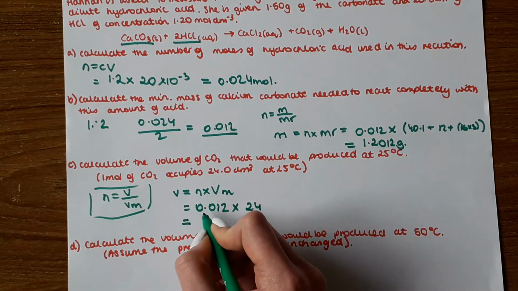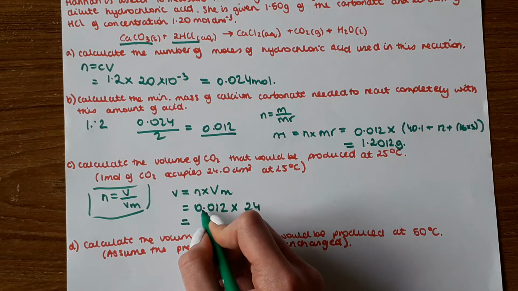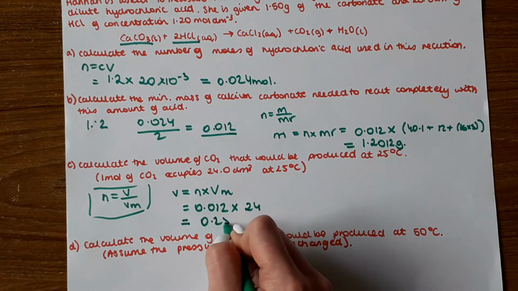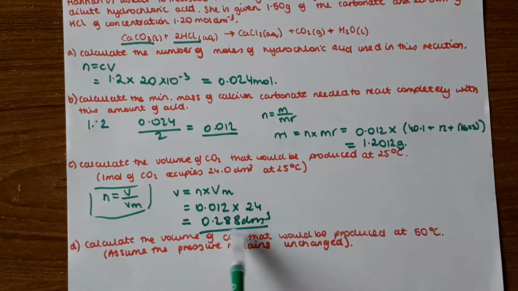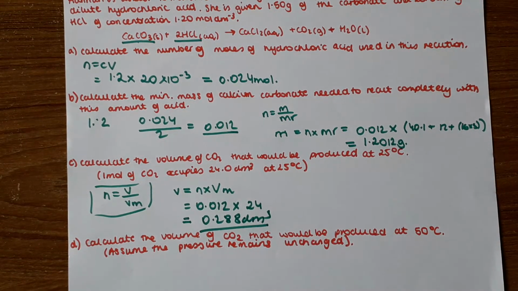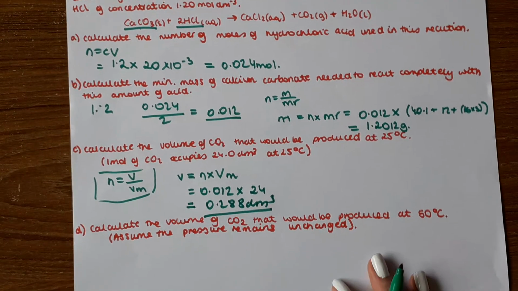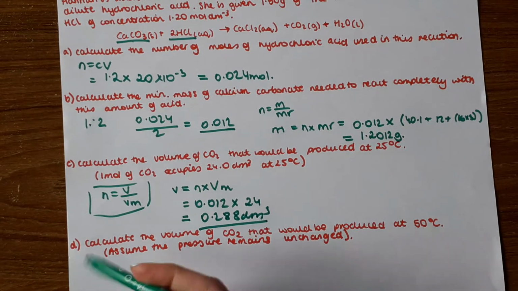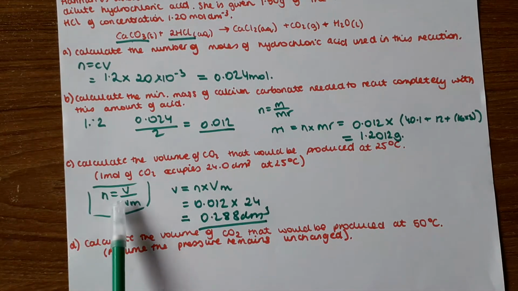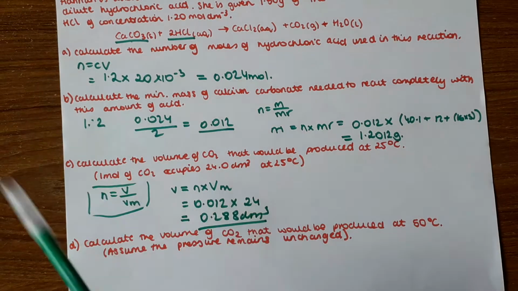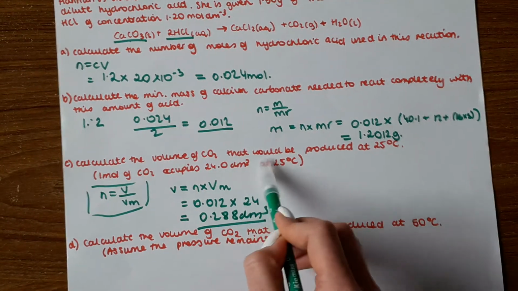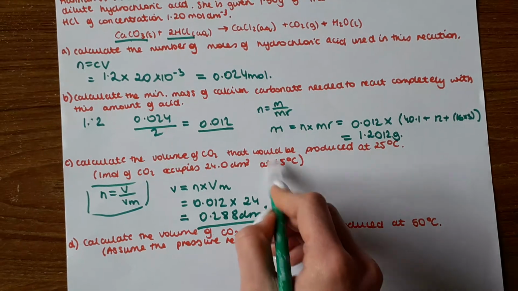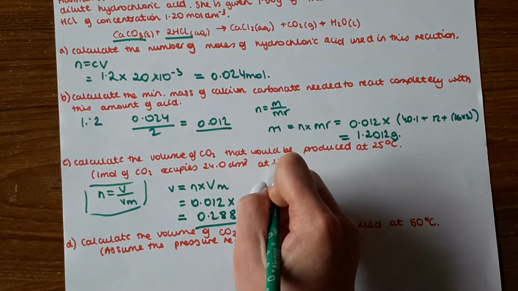And the answer for this is 0.288 dm³. So this is the amount of carbon dioxide that was formed. We use this equation when we don't actually get a concentration. This you would always get in a question, or it's at the beginning of the data booklet.